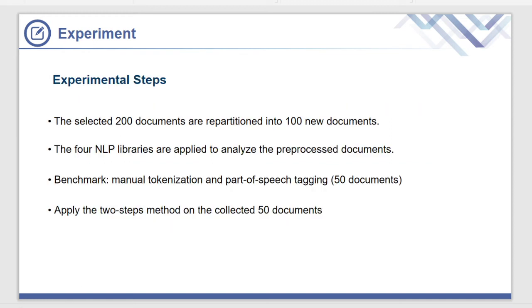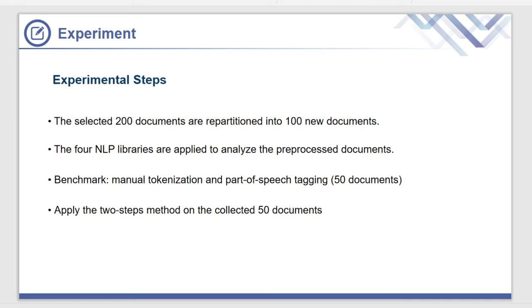The experimental steps are as follows. Step 1. To control the size of inputs from different sources, the selected 200 documents are repartitioned into 100 new documents. There are about 400 tokens in each document.